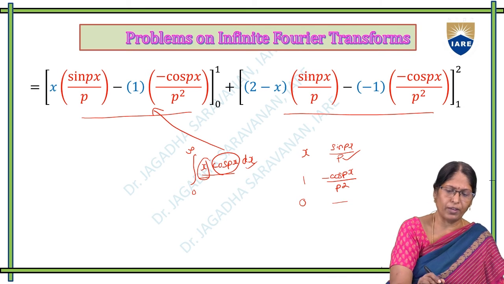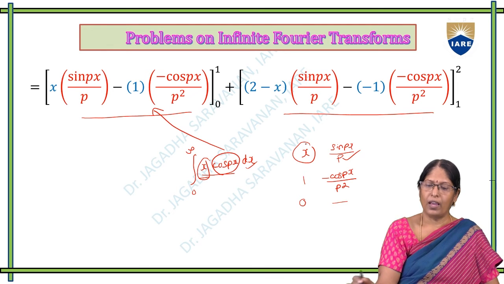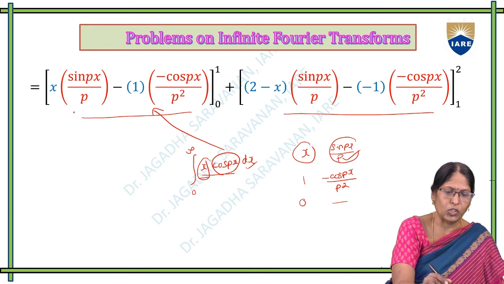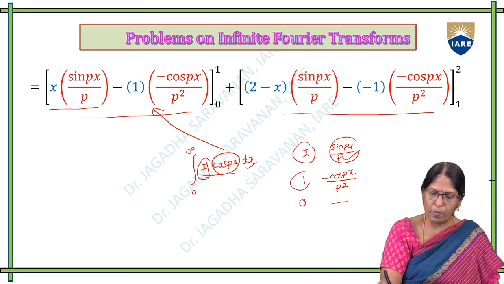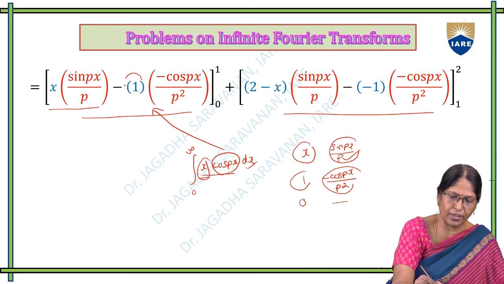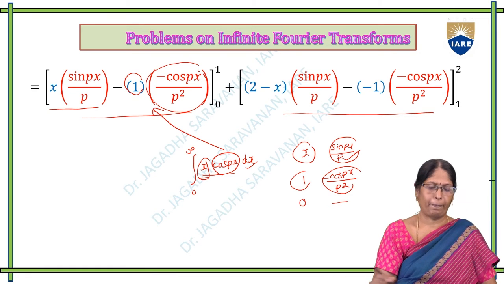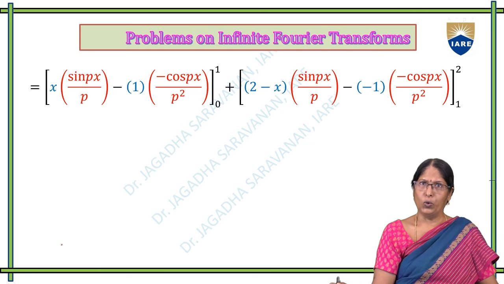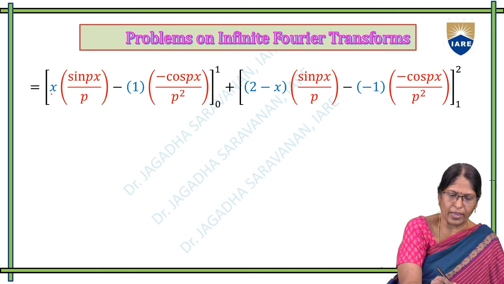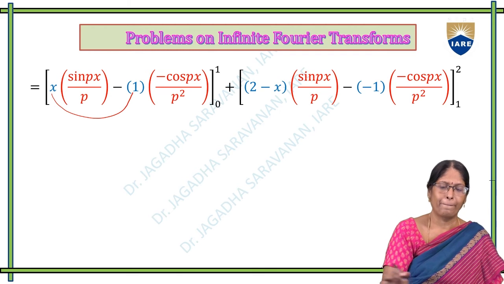So we can see, we can focus this into this. That's what is written here. And the multiplication of these two is written here. So x, the differentiation is 1.